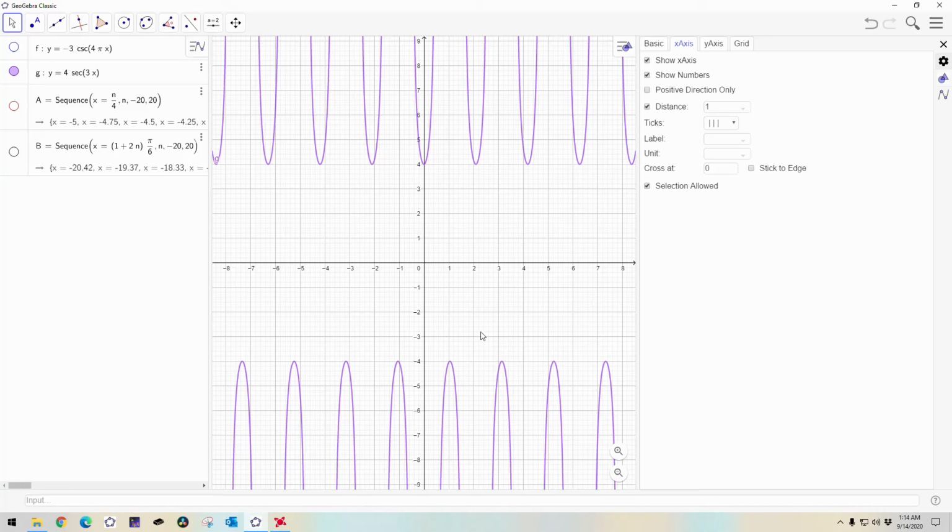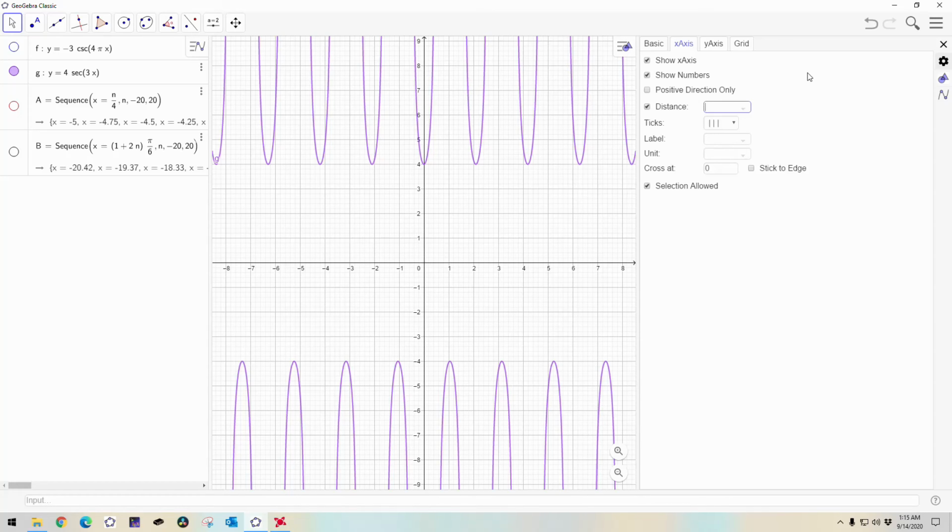However, I do want to be able to see the important points, the important locations here. Notice they're not on the whole line markers. So again, I'm going to lean on the fact that my period was 2 pi over 3, which then caused us to have a quarter period of pi over 6.